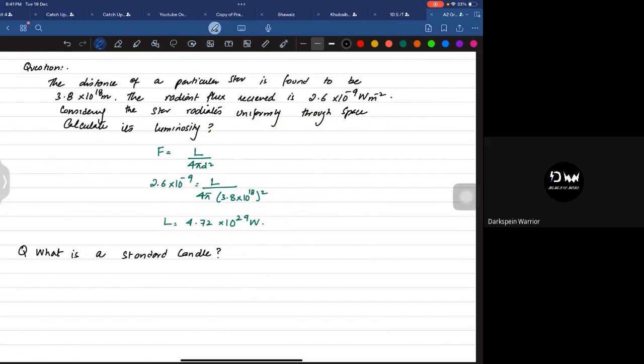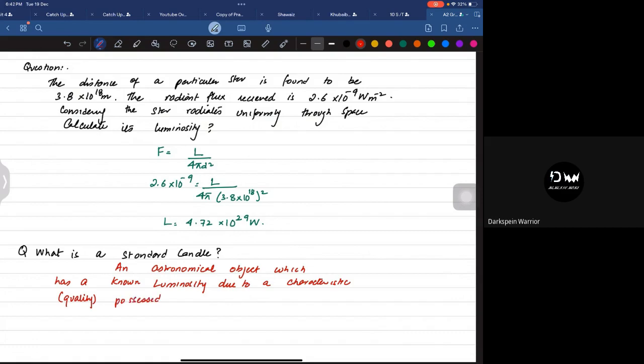So, a standard candle is defined as an astronomical object which has a known luminosity due to a characteristic, which is basically a quality, possessed by that class of objects. So I'll explain that in a bit, what it means.